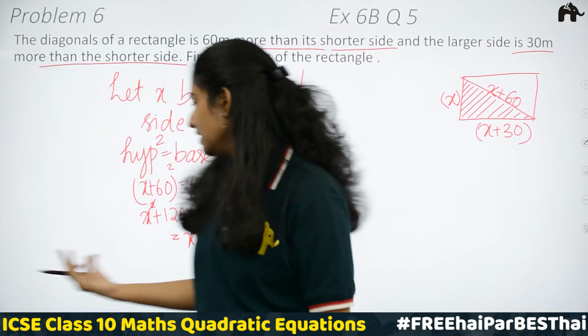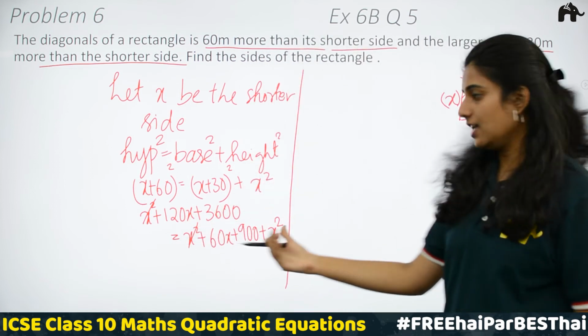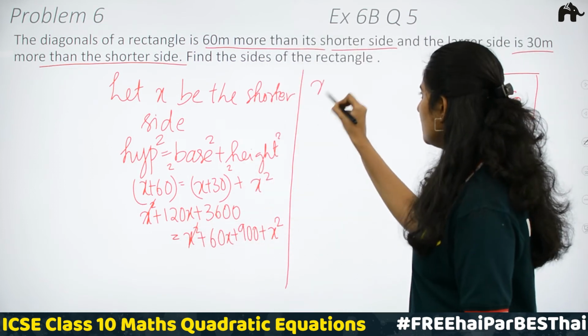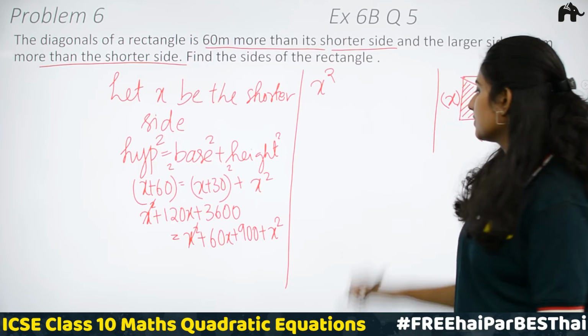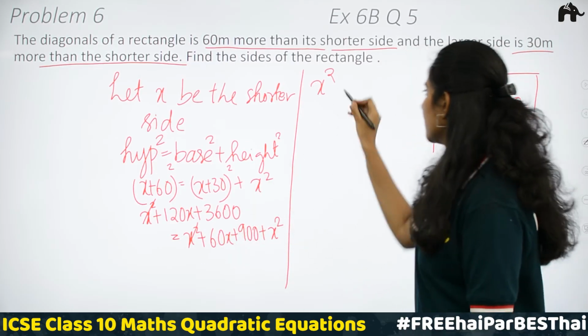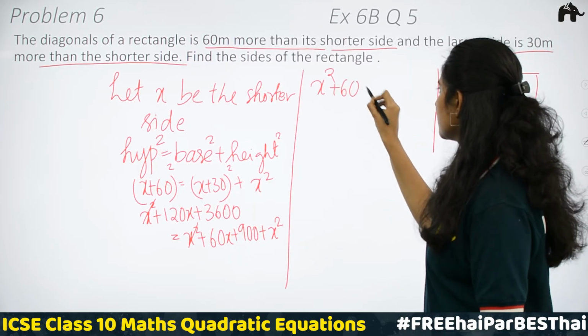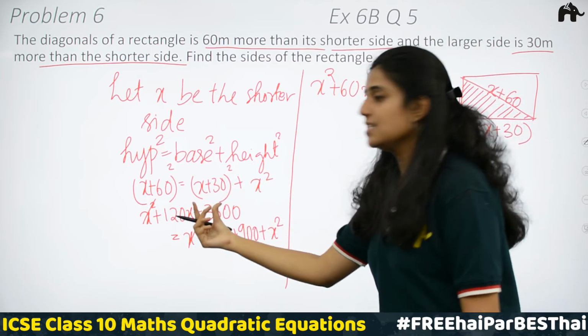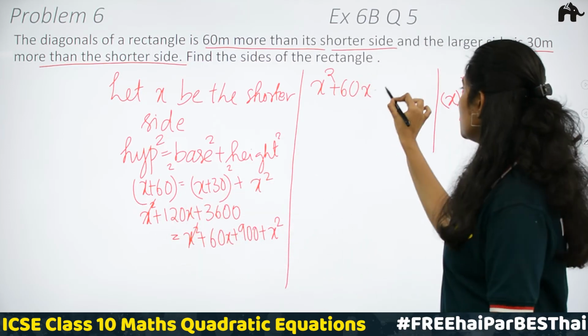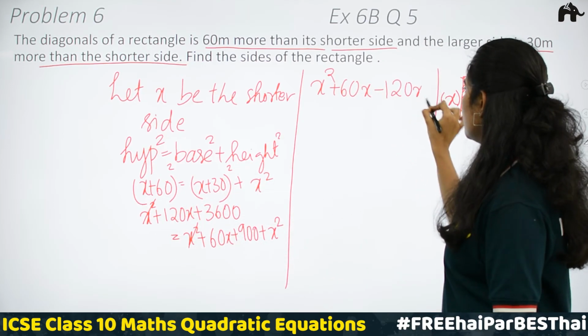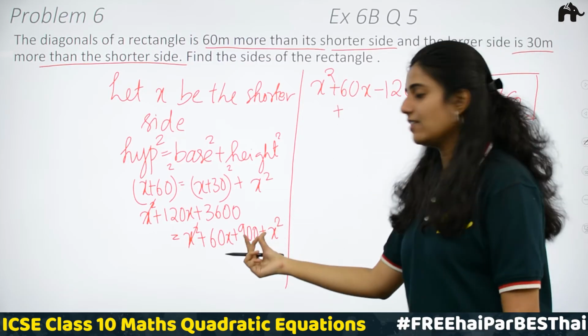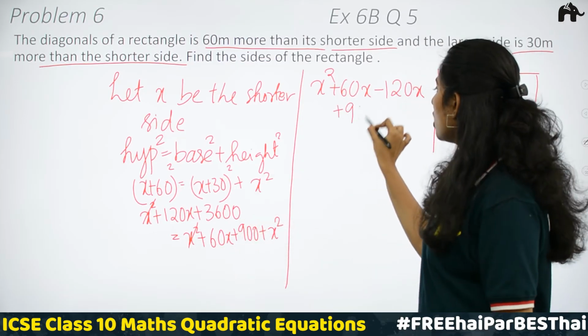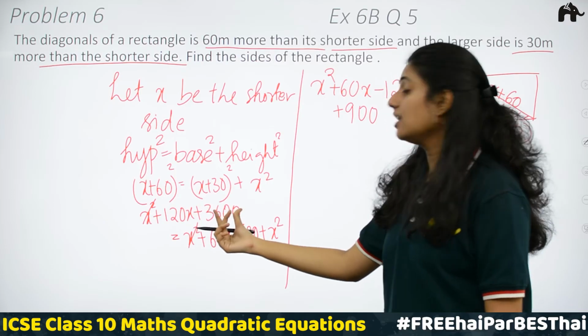Now rearranging this will give us the quadratic equation. Here we have x square, then 60x plus 60x. Now I am bringing this 120x to the opposite side. It becomes minus 120x. Plus here we have a 900. From the opposite side I am bringing 3600.